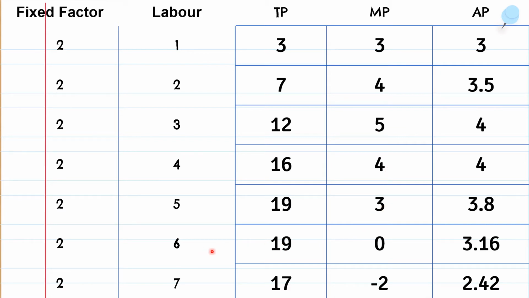Then we see at the 6th unit, total product is 19, and when the next unit of the variable factor is employed, total product falls from 19 to 17. So we see total product falls later. Marginal product increases first, then starts falling. Later on, when marginal product is 0, total product starts falling, and at that time marginal product becomes negative.